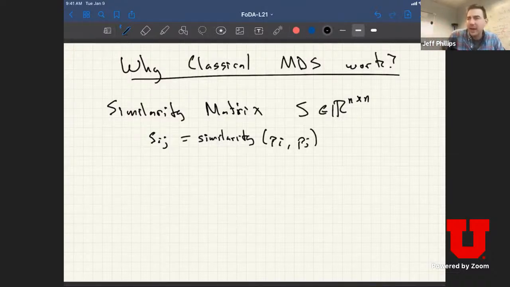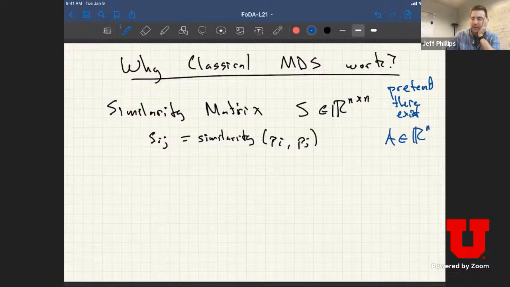And how am I going to capture this? I'm going to pretend there exists some A in n by d, some n data points in a d-dimensional space, where A is equal to A1, A2, up to AN.